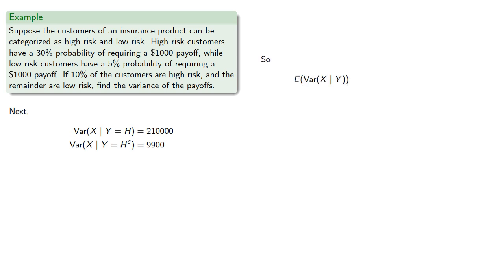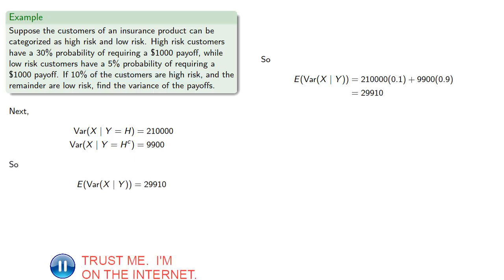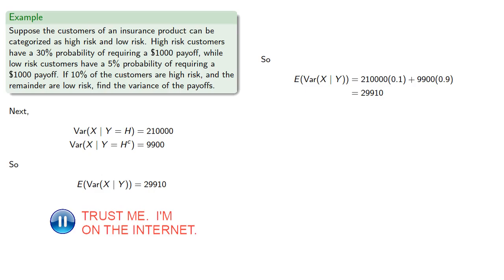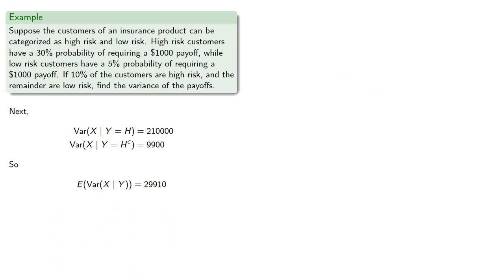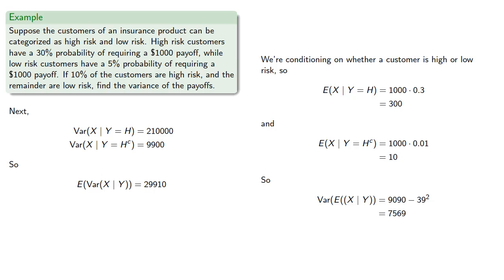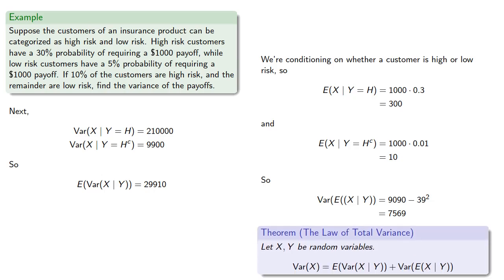Remember, there's a 10% chance that we're high risk and a 90% probability that we're low risk. So our expected value will be. So pulling in our earlier value of the variance of the expected value, and consequently, the law of total variance says that our total variance will be, which is the same as we got before.